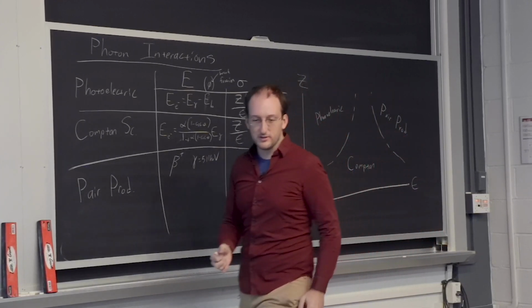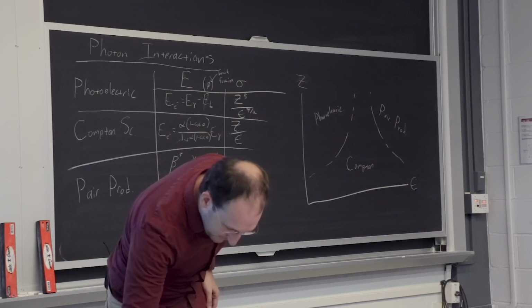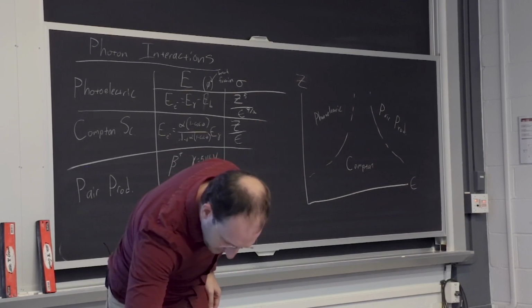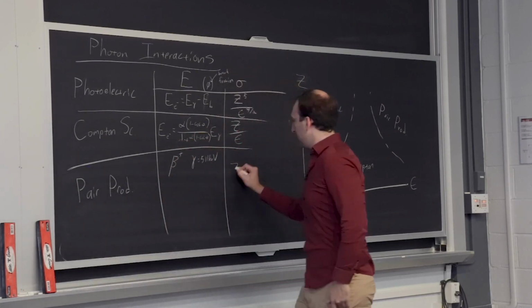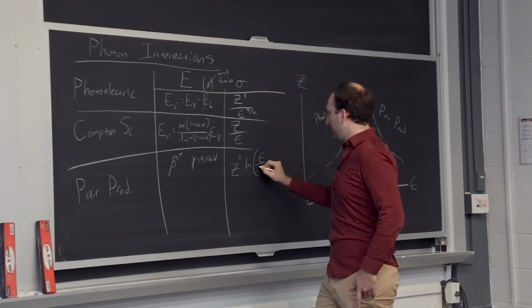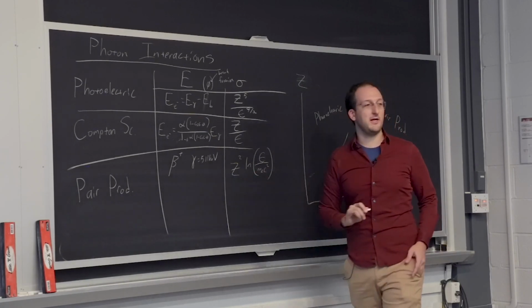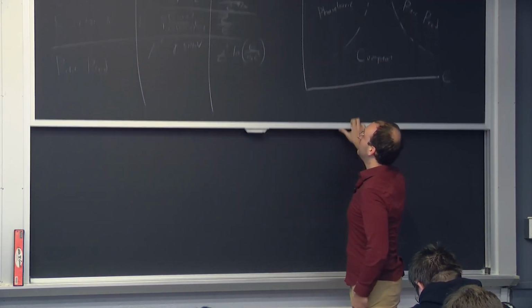And the cross-section, this one's got the funny scaling term. It's like Z squared log of energy over m_e c squared. So some Z squared kind of dependence. So let's keep those up for now.